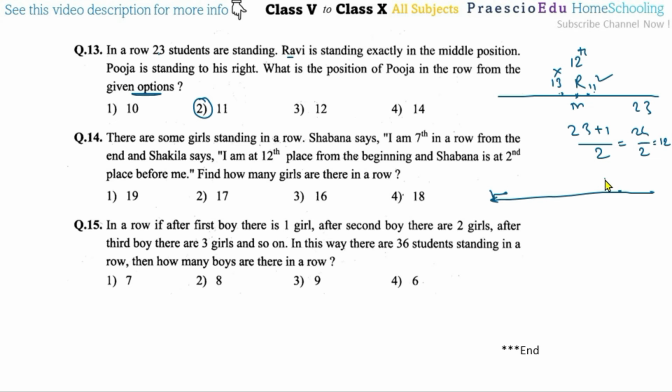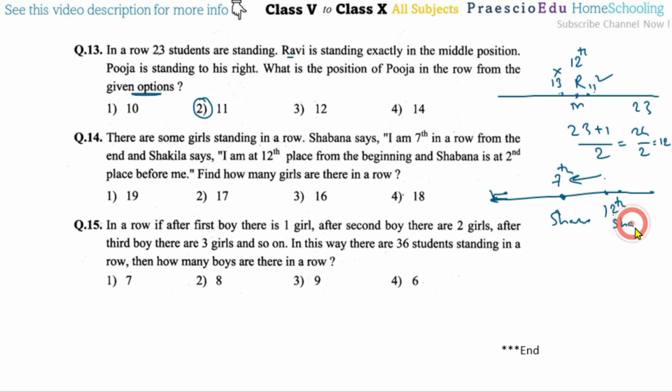So this is Shabana's place, and then Shakila says, I am at the 12th place from the beginning, and Shabana is at 2nd place before me. Okay, so suppose here the 7th is Shabana from this end, and from the beginning the 12th place, who is that?